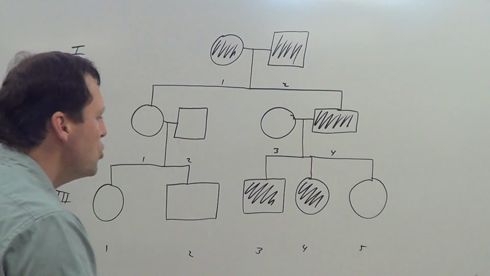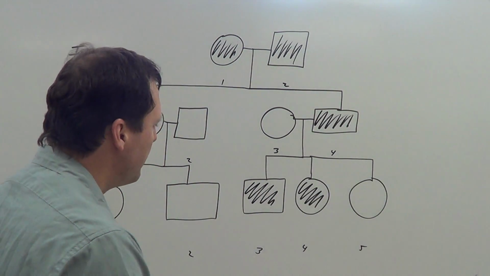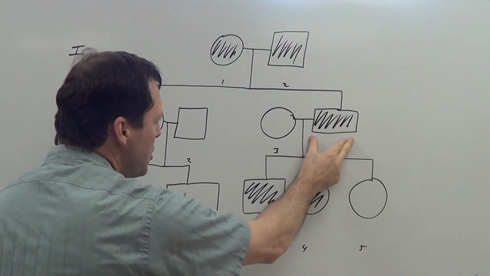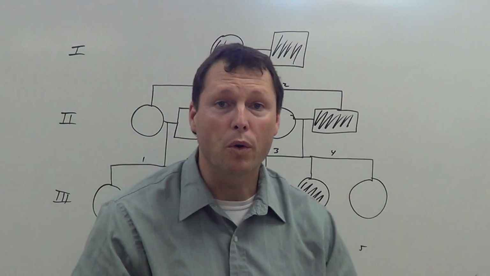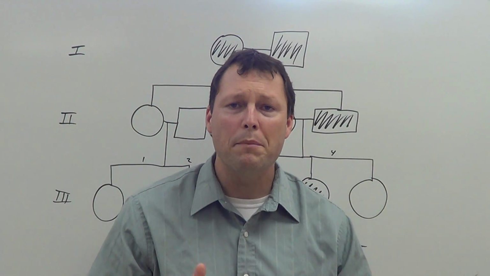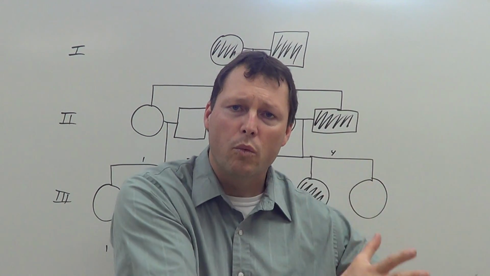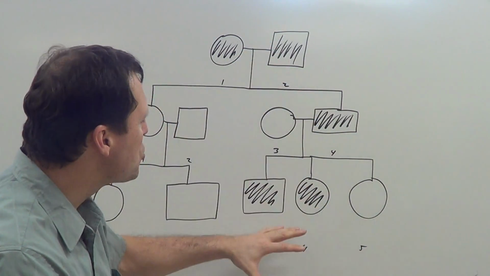So, do all affected individuals have an affected parent? These affected individuals have an affected parent. This individual has affected parents. So that is true. That means we're probably looking at a dominant trait. If that wasn't true, we'd consider it to be recessive. So we've got a dominant trait.